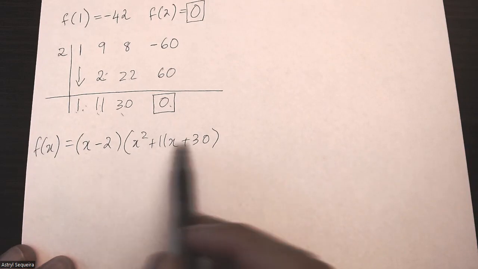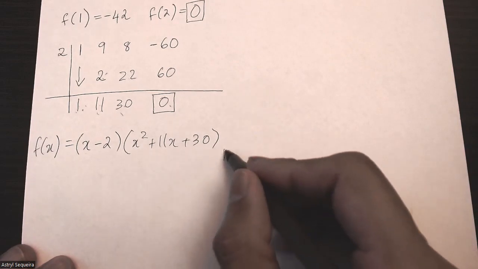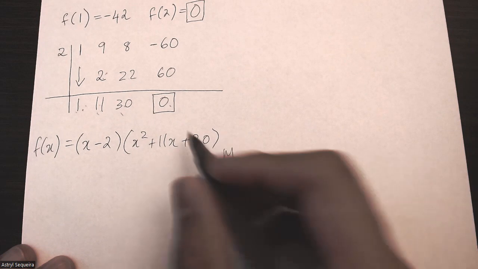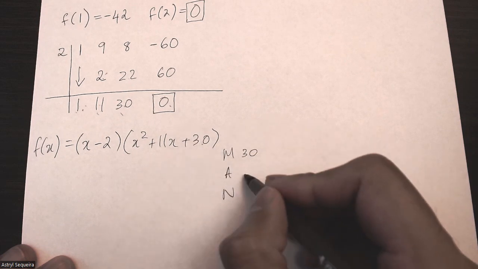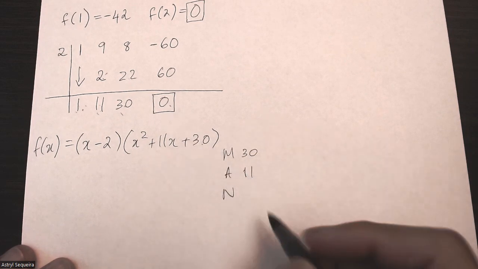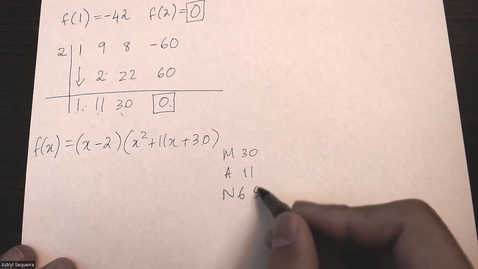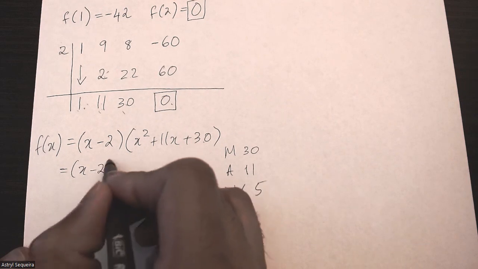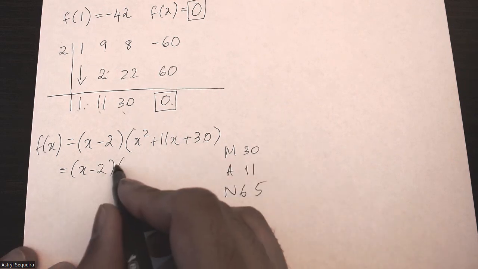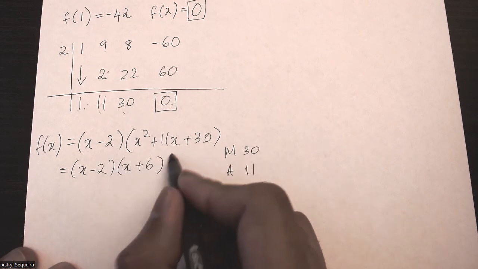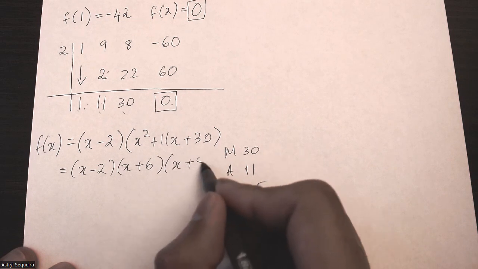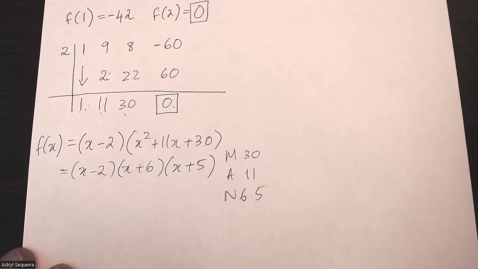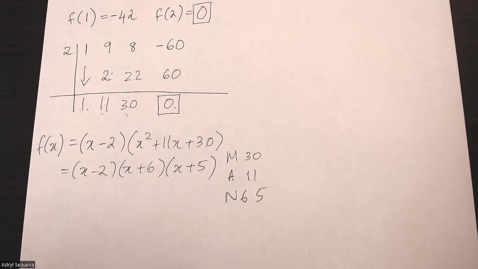Then we can simply do our man method over here. So what multiplies to 30 and adds to 11? This is just simple trinomial factoring. 6 and 5. Basically grade 10 math, so hopefully you know how to factor simple trinomials. So my solution here is x minus 2 times x plus 6 times x plus 5, and that's in fully factored form.